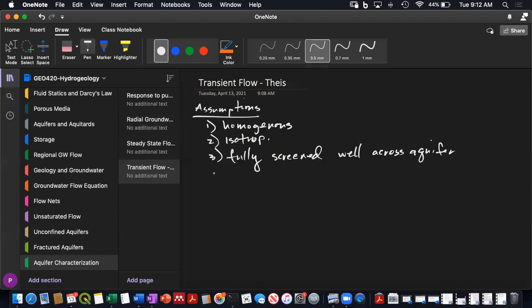And another one is a constant pump rate. Now, in the field, we're relatively constant, but it's hard to keep your pump rate constant. So here's another place where the real world and this mathematical world don't quite match up.